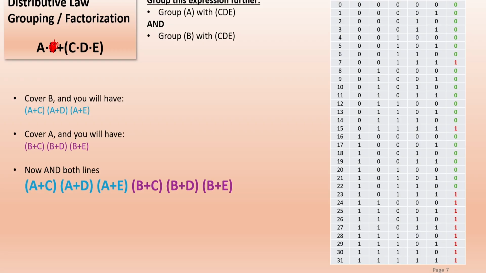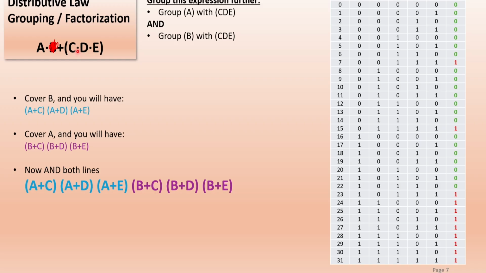Just like that. We have covered B. We end up with AC, AD, AE. And, of course, we're going to flip the operators.